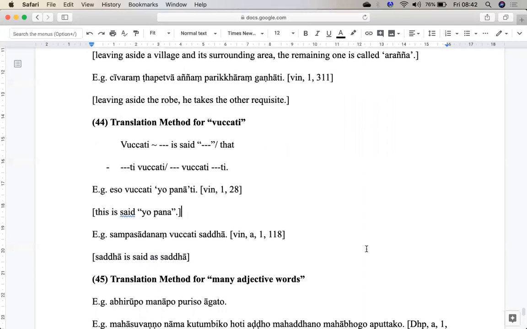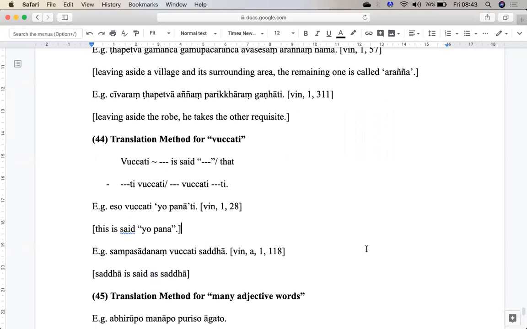No, Sayadaw, here is Sada is said as a Sambasadana. Sada is said as Sambasadana, right? Thank you.